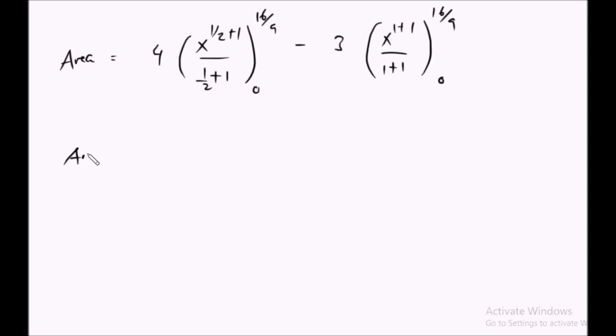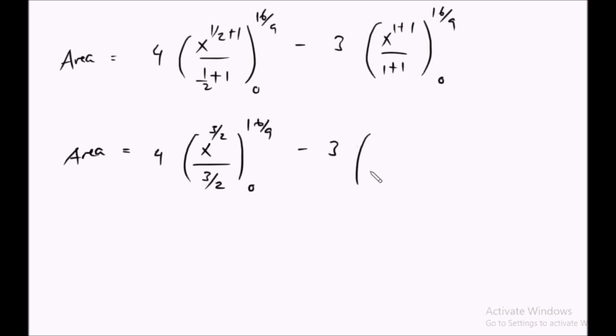So the area needed will be what? 4. So 1/2 plus 1 is 3/2. Then 1/2 plus 1 down here is also 3/2, from 0 to 16/9, minus 3. So 1 plus 1 is 2, 1 plus 1 is 2, from 0 to 16/9. So 3/2 is constant, we will take it out.